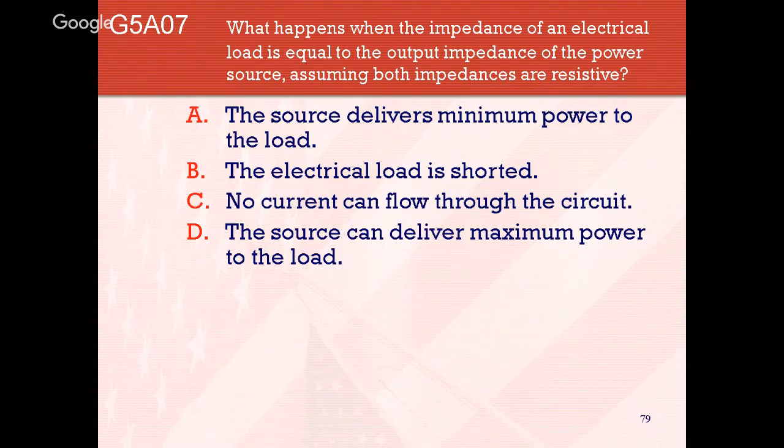Kind of reverting back to some previous questions here, this is so the source can deliver maximum power to the load. Again, it's just a different way that they've worded this question. Just bear that in mind.